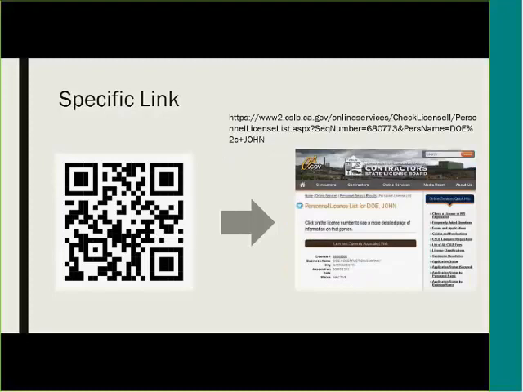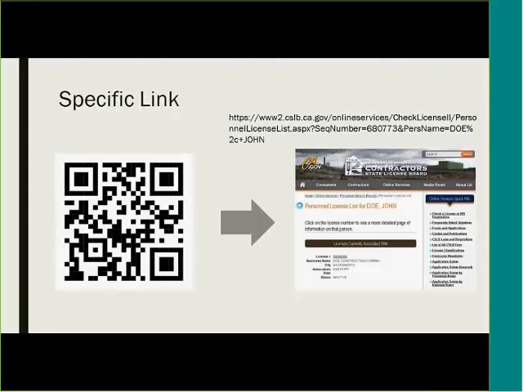So what we really want to do is use specific links. That's where I have a link just for me or just for one particular piece of content, and it puts the ID numbers in, and it gets you down to the actual record you're looking at, which would take you multiple steps. It saves you from not just navigating with links, it saves you from actually having to type.